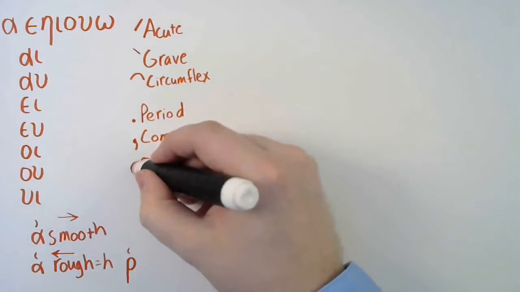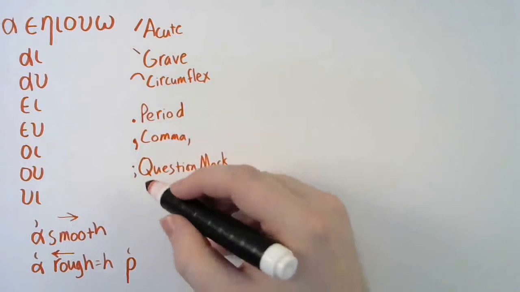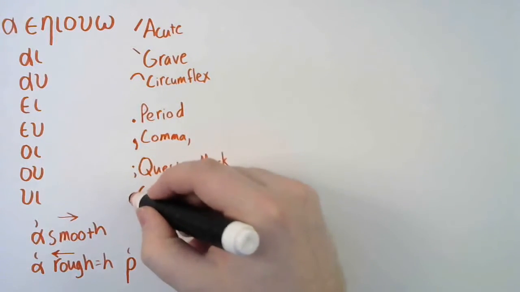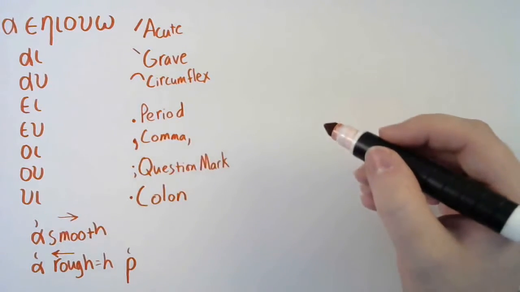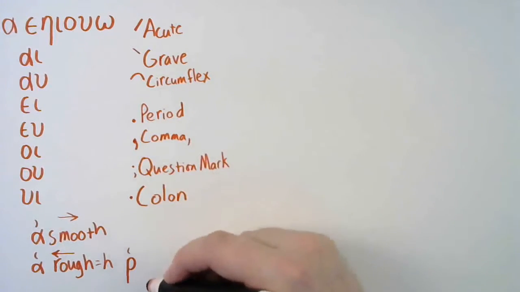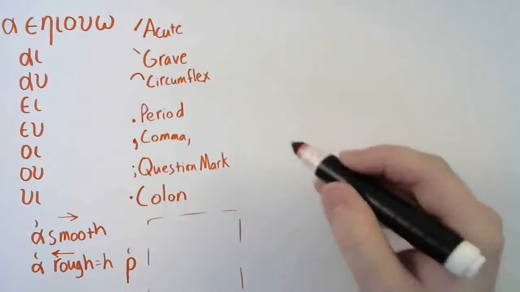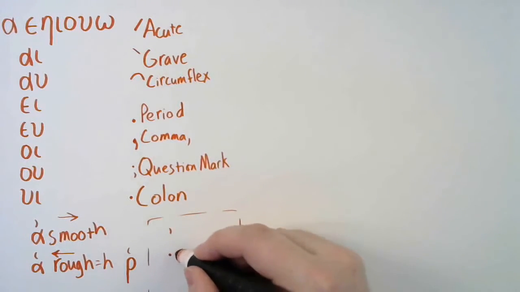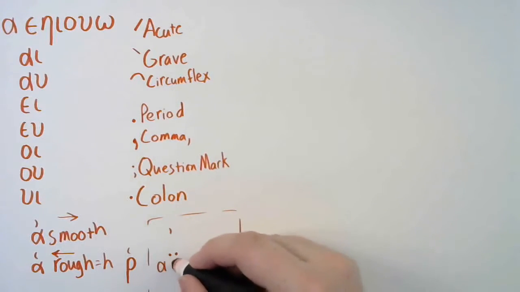Remember, the question mark looks like an English semicolon. The colon is just a little dot. Now, these aren't punctuation marks, but you also have the apostrophe and the diaeresis. Remember, diaeresis splits up a diphthong.